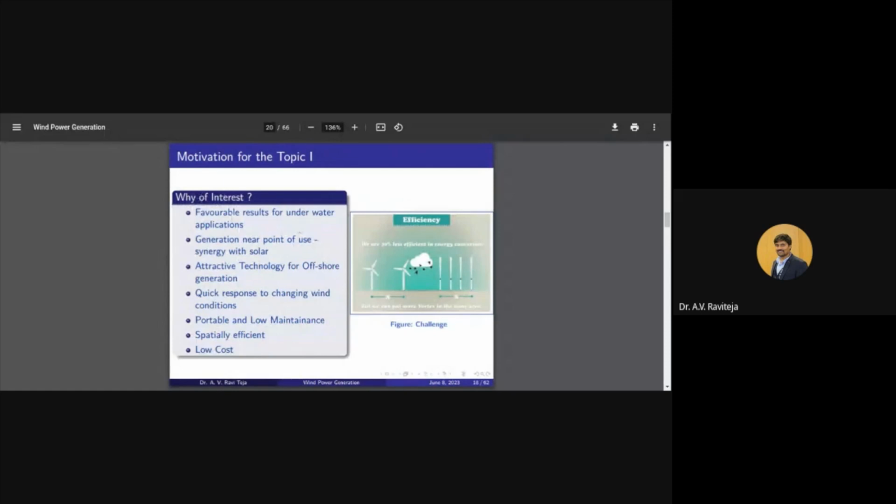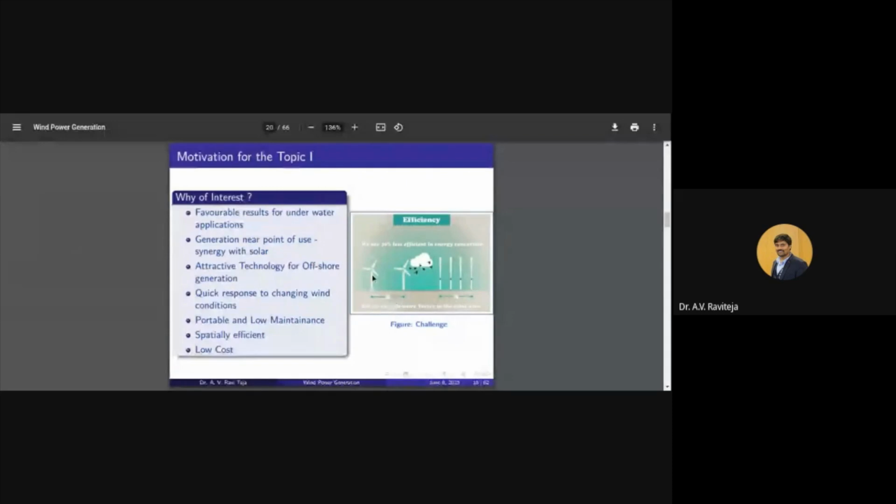Why is it of interest? This can be used with generation near the point of use, and especially in hilly areas, bladeless turbines can be a good option. Since they are maintenance free, they can be placed offshore as well. And they are portable, low maintenance, and space efficient.